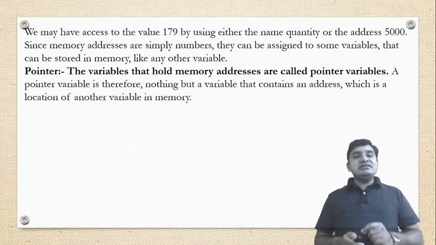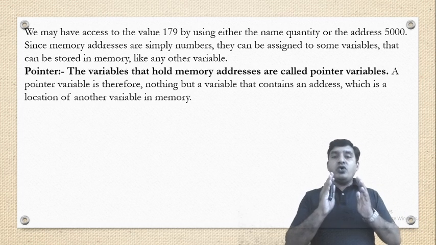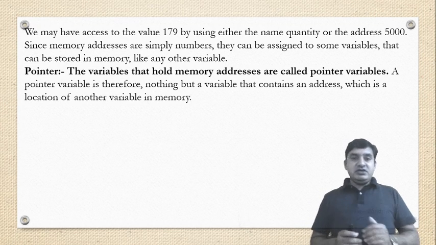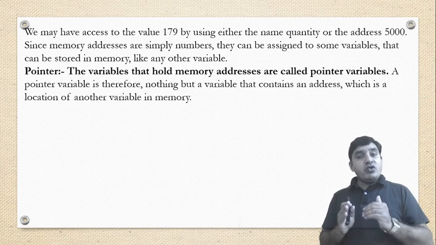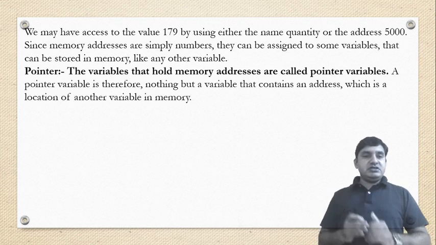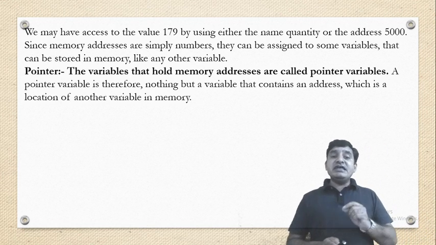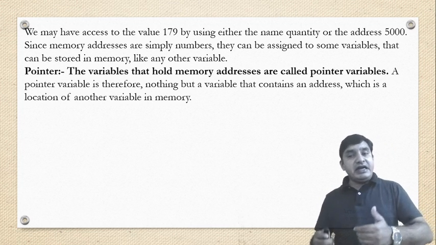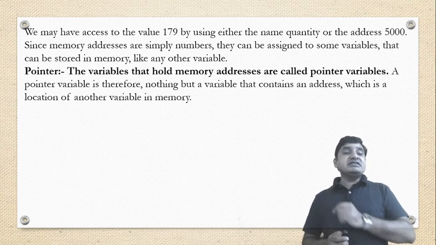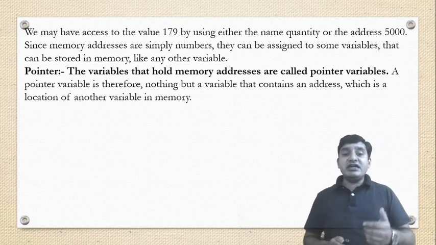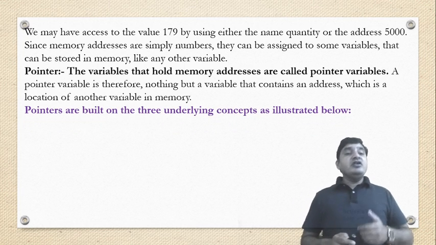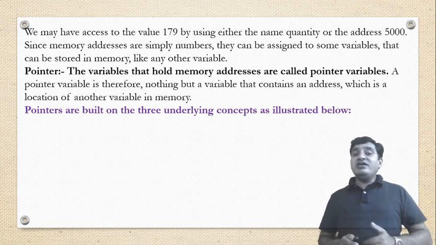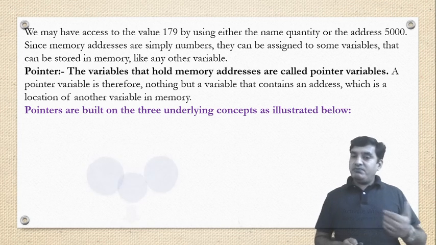A pointer is a variable that holds a memory address, and it is called a pointer variable. A pointer variable is therefore nothing but a variable that contains an address, which is the location of another variable in memory. Pointers are built on three underlying concepts as illustrated below.